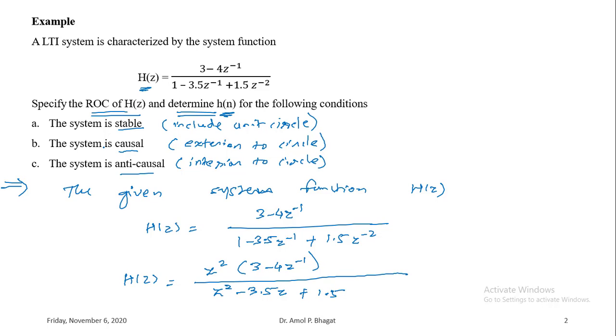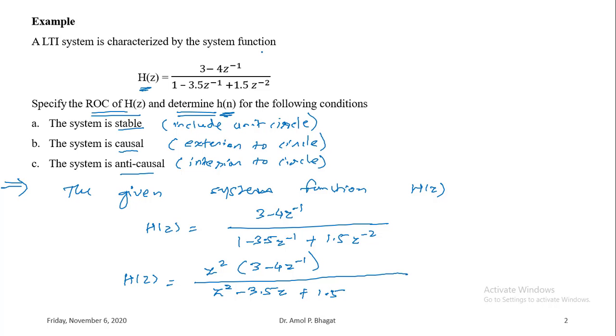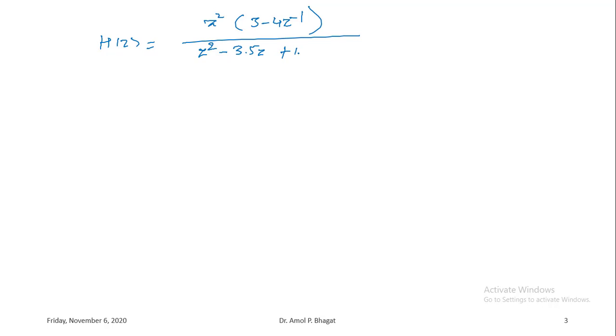So I'll just rewrite this last expression. H of z is equal to what we have now: z square (3 minus 4z inverse) whole upon z square minus 3.5z plus 1.5.